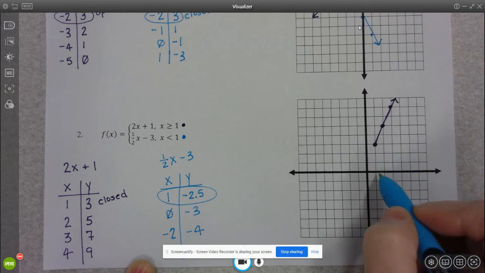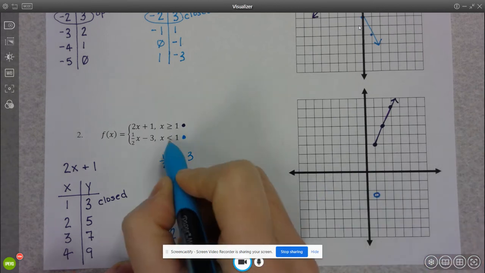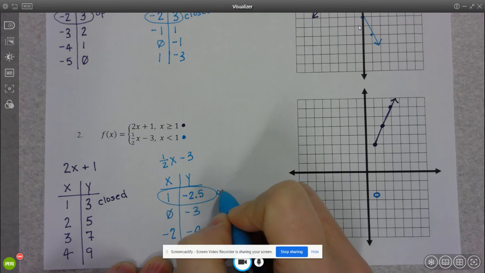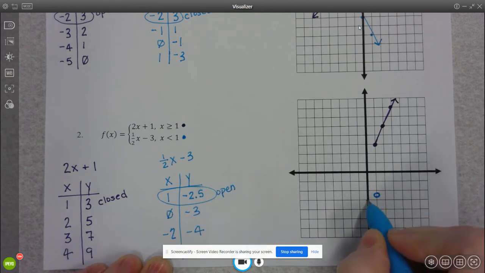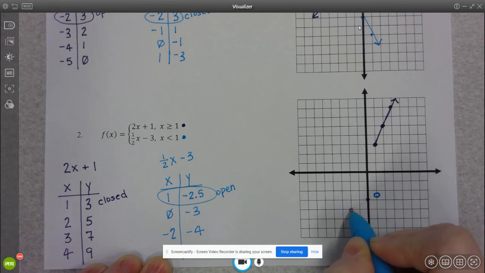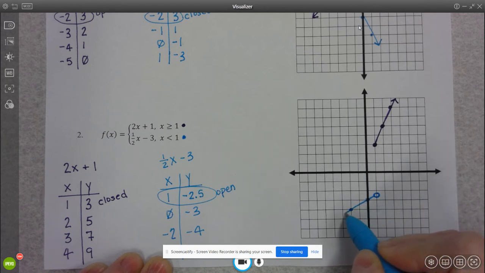So for 1 here, I'm at negative 2.5, and that's going to be an open circle because there's no equal to. And then 0, -3. And then -2, -4. All right.